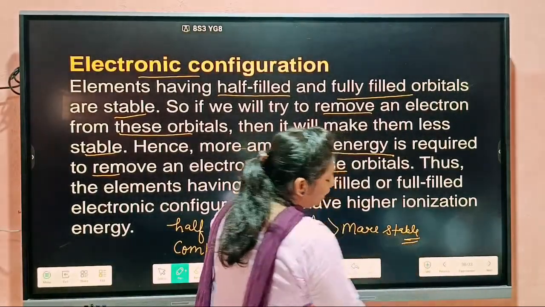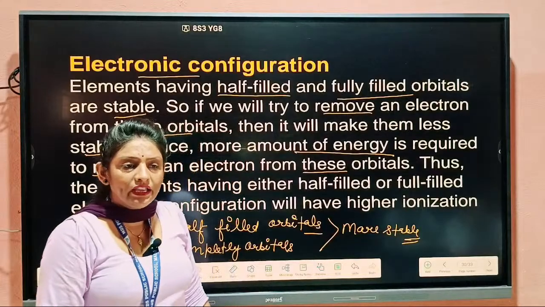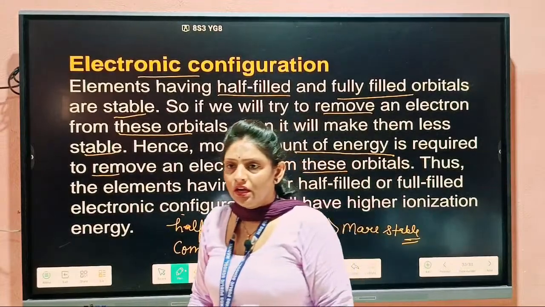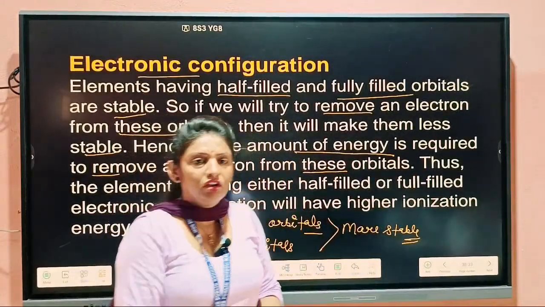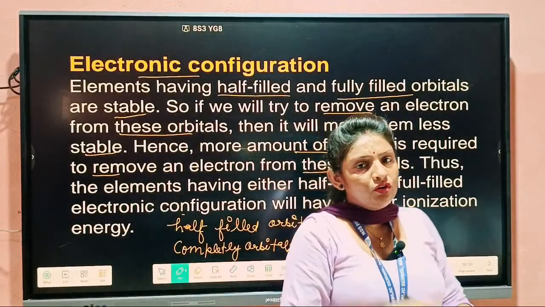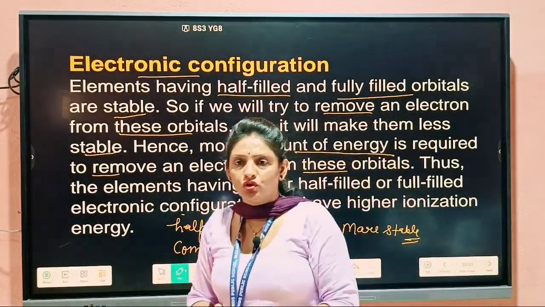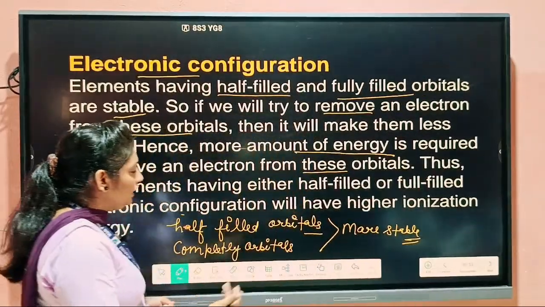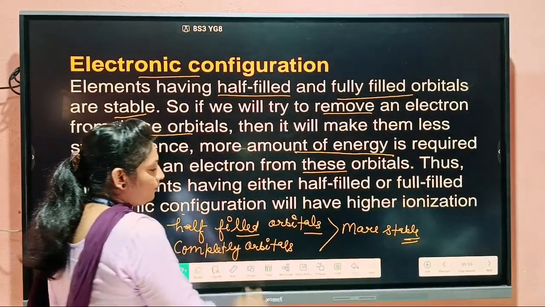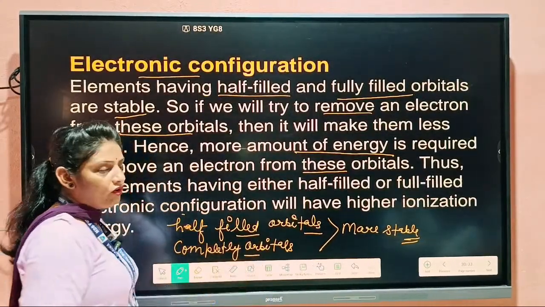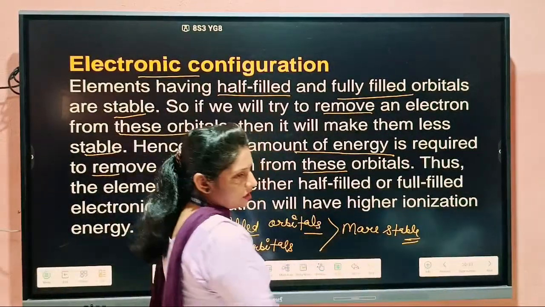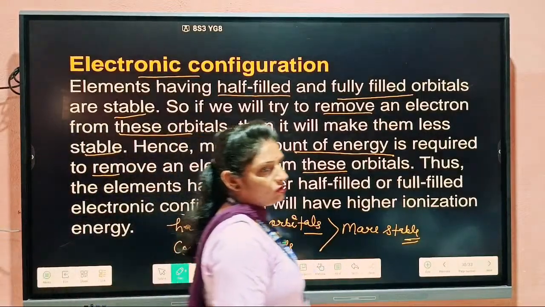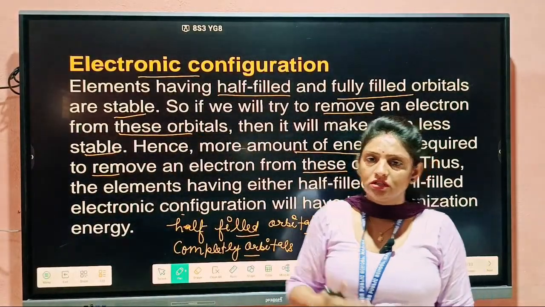If elements are already stable, why would they remove the electron? They will not. So if we want to remove an electron from a stable species, we need to give more energy for its removal. So elements which have either half-filled or completely filled orbitals are more stable, and they require more energy to remove an electron from the outermost shell.